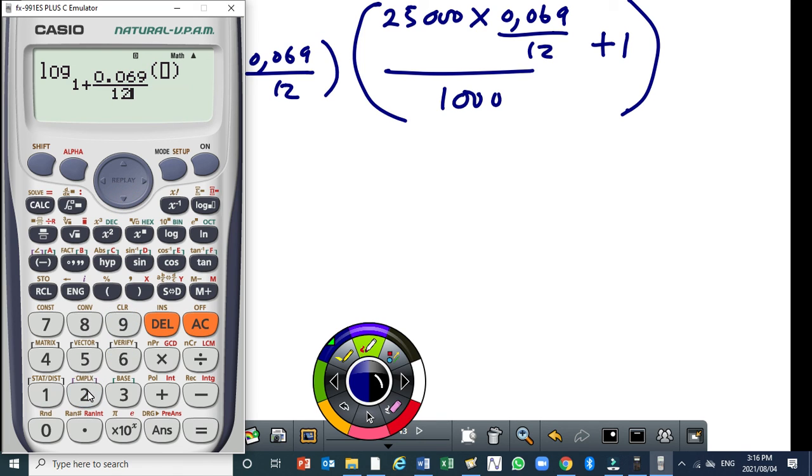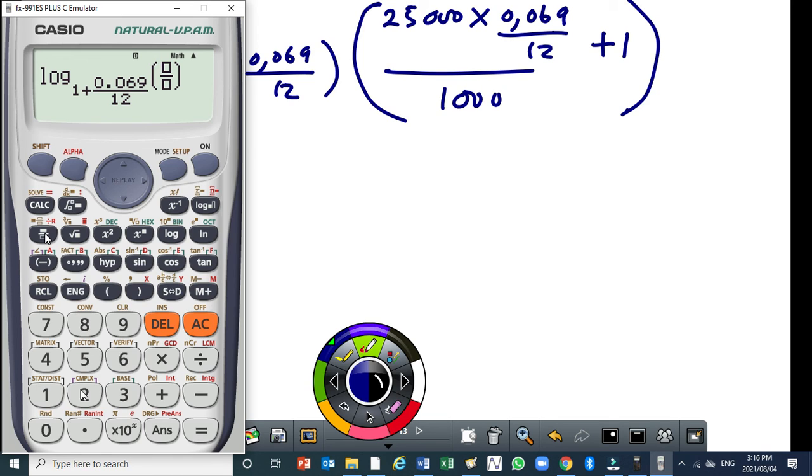So I'm done with the base now. Are you following that? Then now I need to put the number that I'm finding its logarithm. So now I have to put fraction option. Be very, very careful when you're putting the values in your calculator.